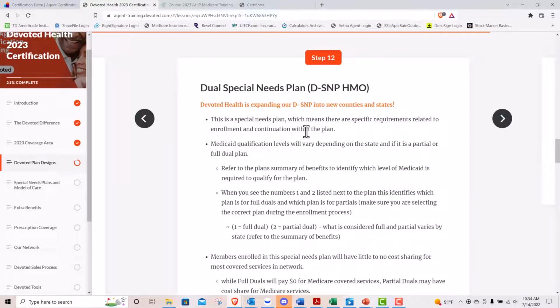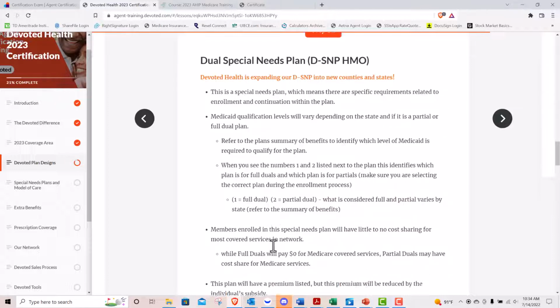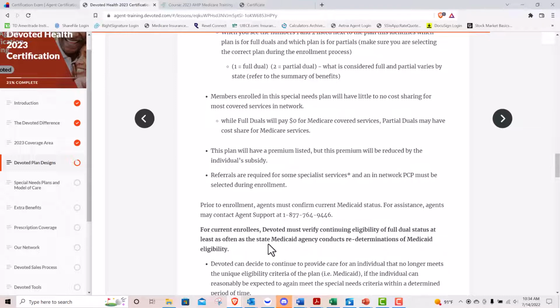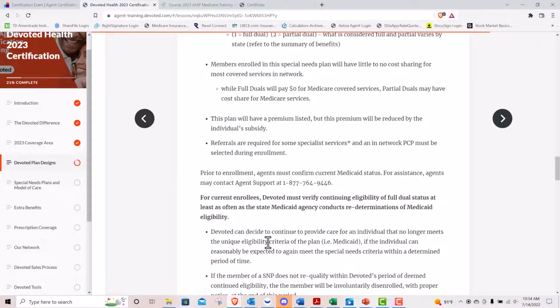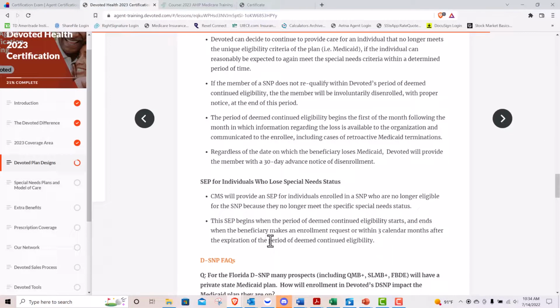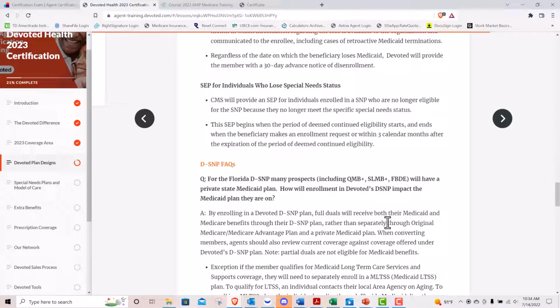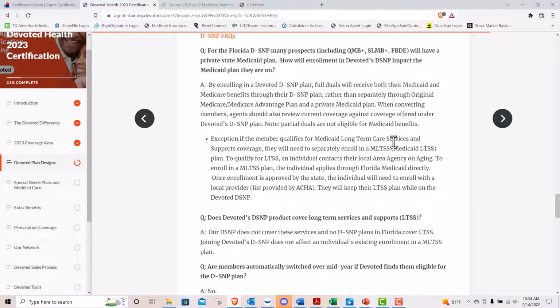Dual SNP, here we go. The D-SNP. Okay, so it looks like some may be able to qualify for it if they're only partially dual. So I guess check the plan for details. Yeah, it looks like it depends on the area.